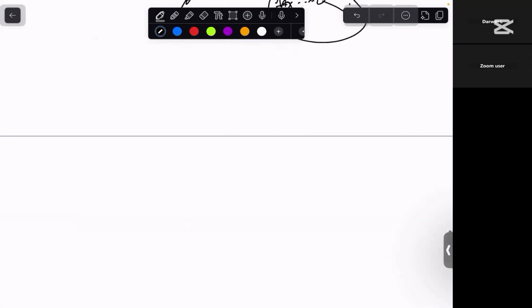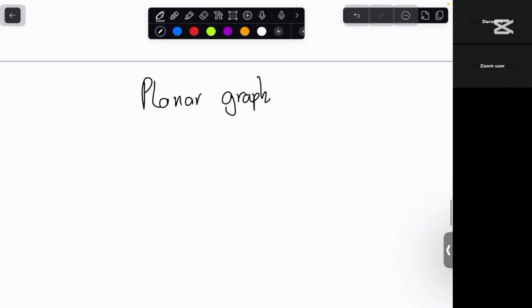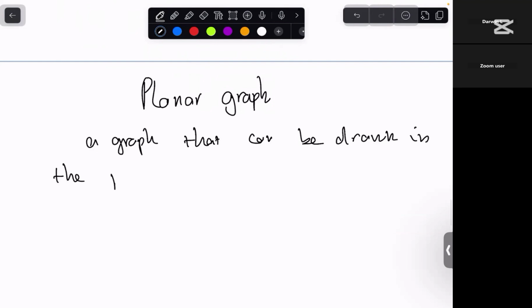So now we'll start moving to our topic today, which is planar graph. A planar graph is a graph that can be drawn in the plane without any edges crossing.